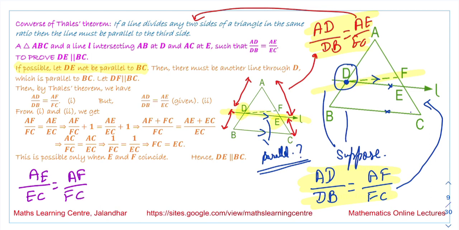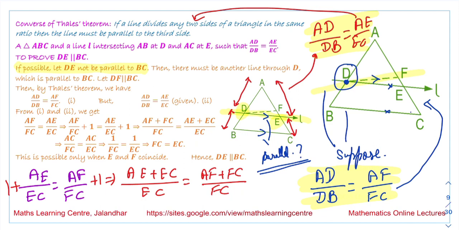Now if we add 1 on both sides of this equation, we get AE plus EC over EC is equal to AF plus FC over FC. Now AE plus EC is AC, and AF plus FC is also AC. These two get cancelled, and what we are left with is that EC is equal to FC.